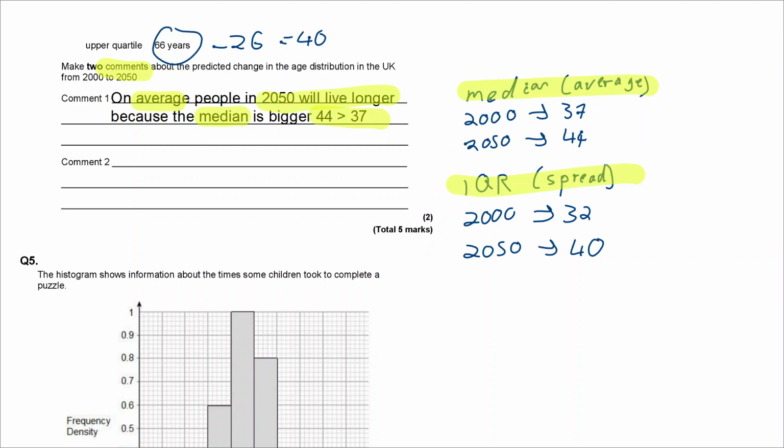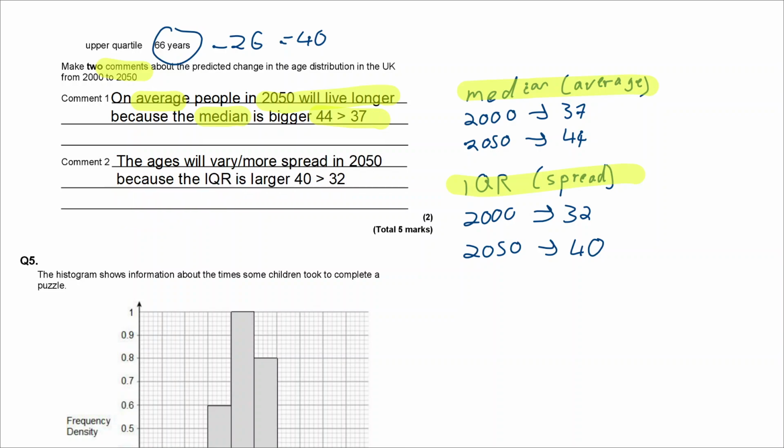You can go and say the ages will vary more, because vary more and spread mean the same thing, in 2050 because the interquartile range is larger. 40 is greater than 32.